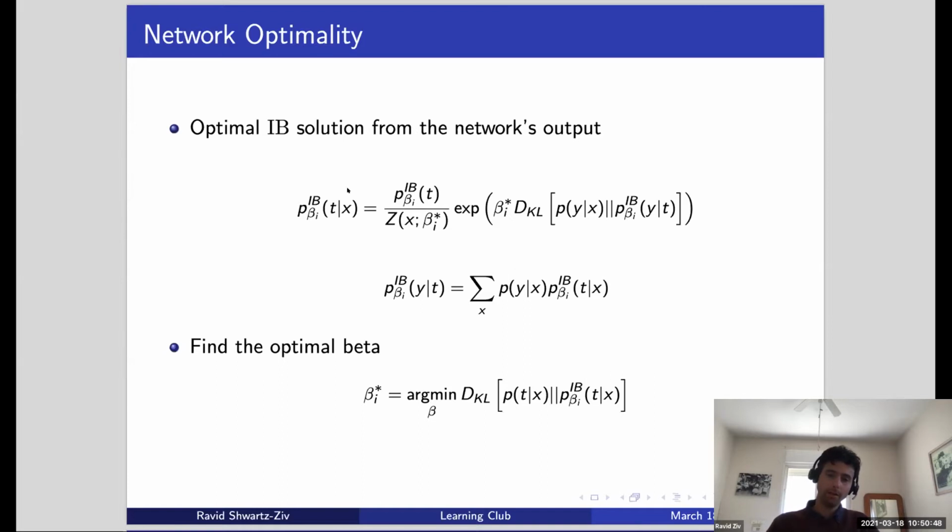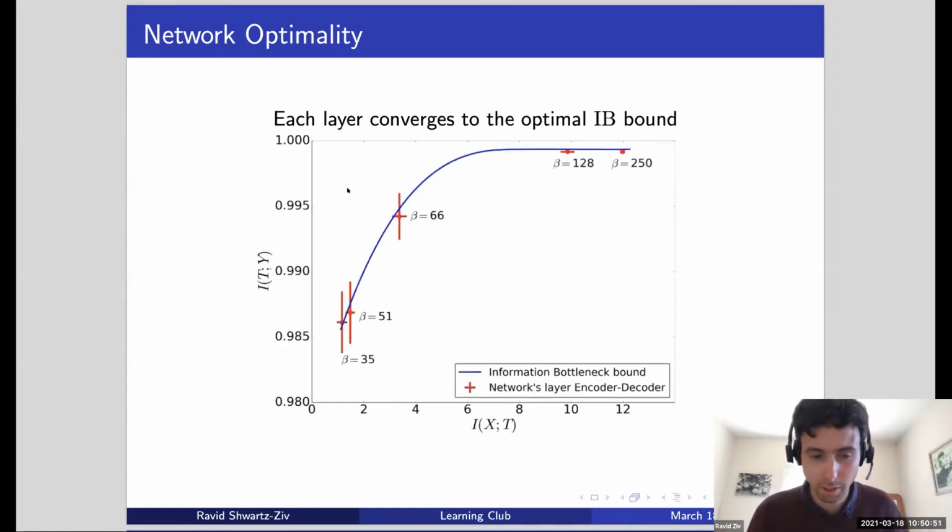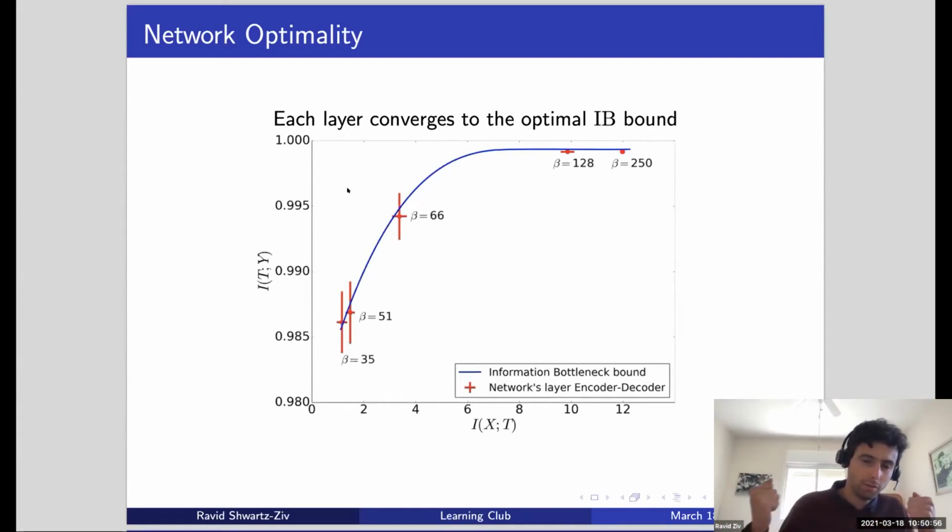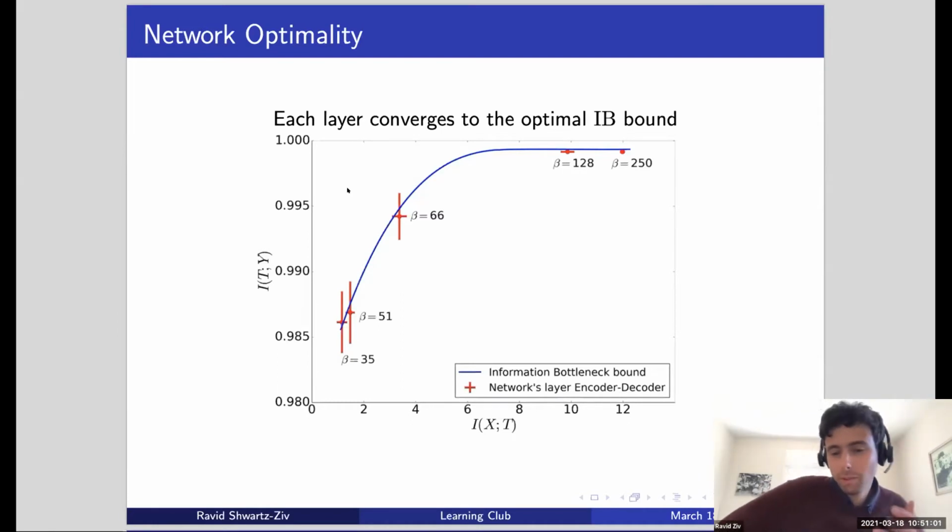This is again the information plane. The x-axis is the information with the input, and the y-axis is the information with the label. The blue line is the optimal information bound from the IB, and the red points are the network layers. You can see that they lie really close to the optimal bound. The error bars are from different random initializations.